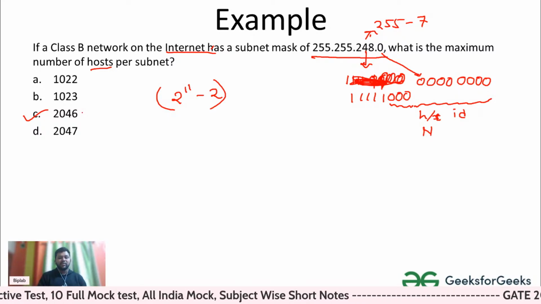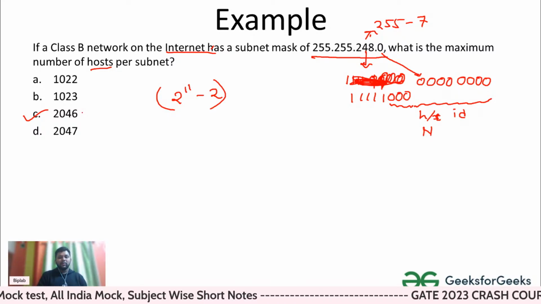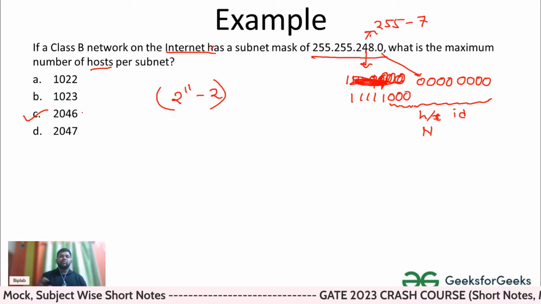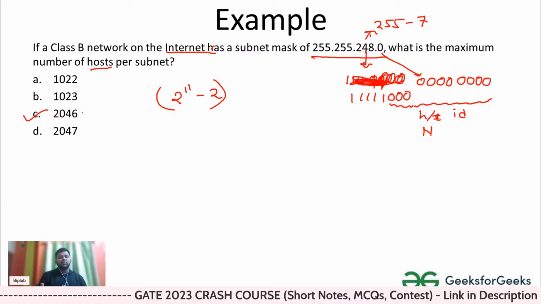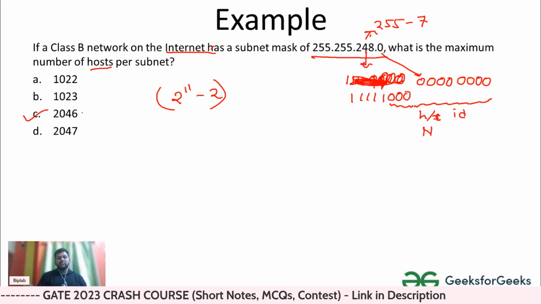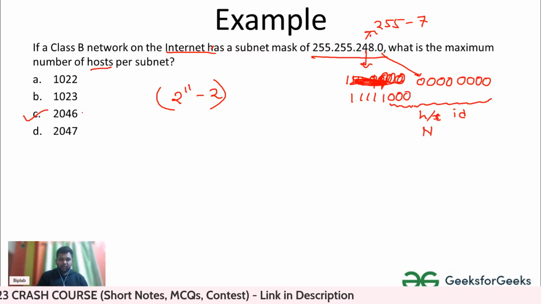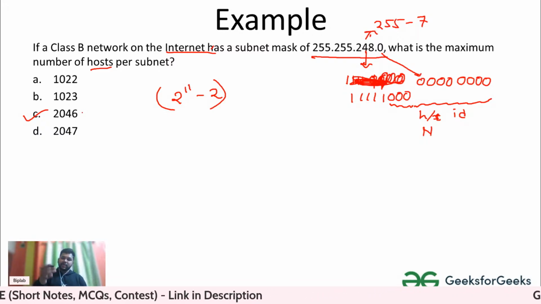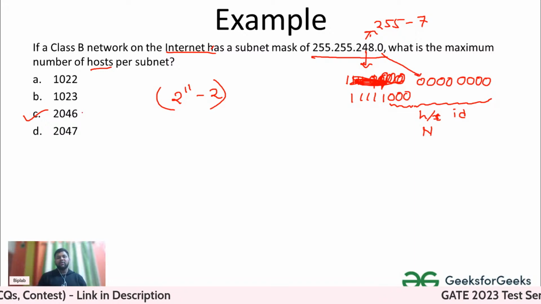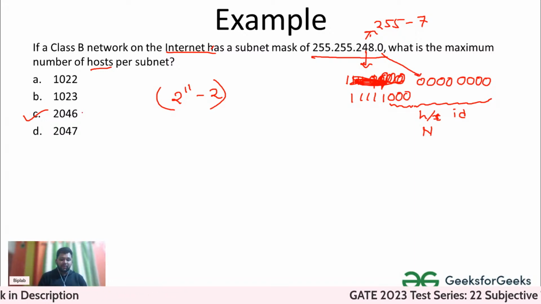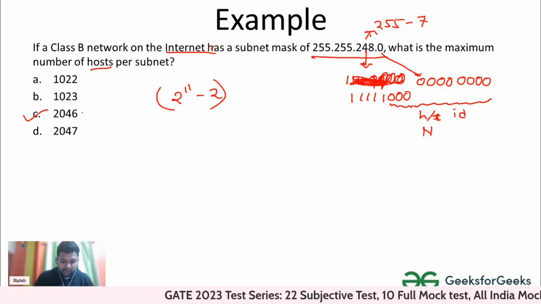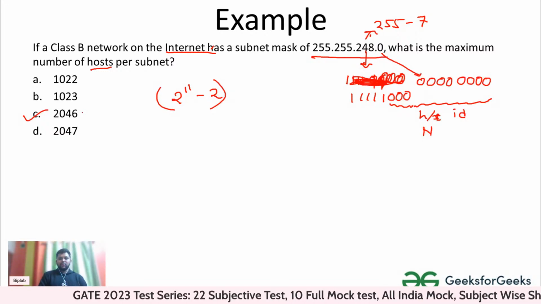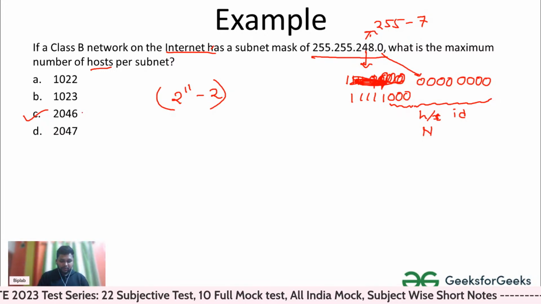The last octet also represents host ID. So in total there are 11 host ID bits, and the number of possible hosts per subnet is 2 to the power 11 minus 2. Why do we have to subtract 2? Because of the same logic: for each subnet you will have a network ID and a broadcast ID. Is it clear?